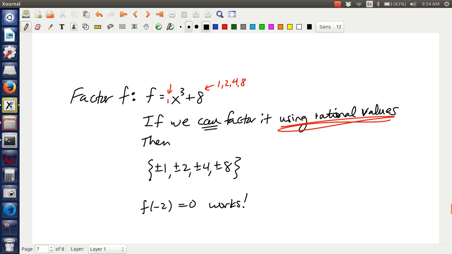So the way I could word this question, if I did want to do this, I could say, given this function, tell me all the possible rational values according to the theorem that it could possibly have. What are the possible rational zeros? And you would give me this list of 8 values. Then I could say, by the way, -2 is a rational zero of this function.